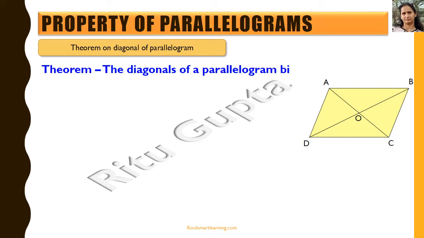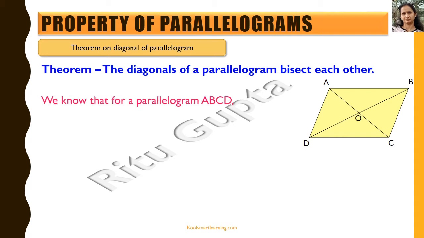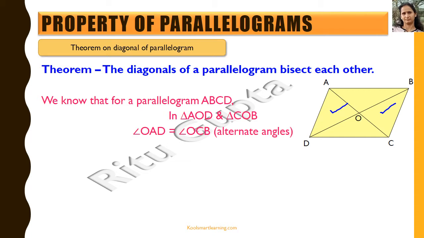The next theorem states that the diagonals of a parallelogram always bisect each other. So here we have the parallelogram ABCD, and we've drawn the diagonals AC and BD. Now we'll take these two triangles, triangle AOD and COB. Here we know that angle OAD is equal to angle OCB.